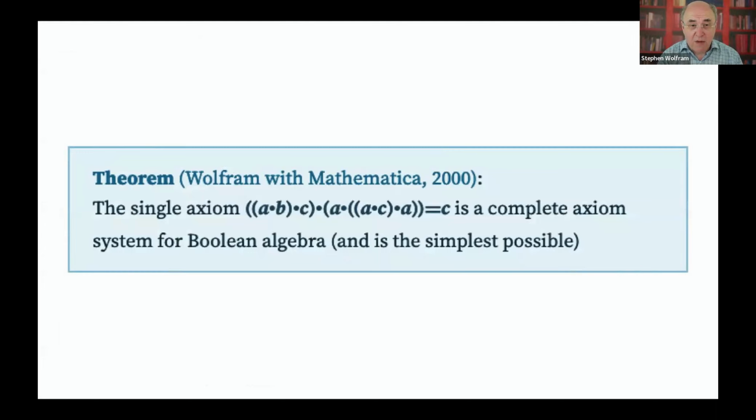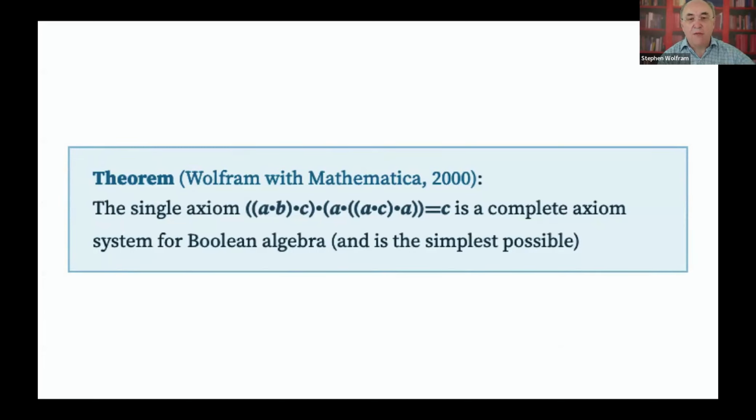This is the simplest axiom from which you can construct Boolean algebra. And I found this in the year 2000, and I think it's actually still the only example of an interesting and unexpected mathematical result that was found by automated theorem proving. I found this by enumerating. First of all, I had to have the idea that it might be possible to find this.